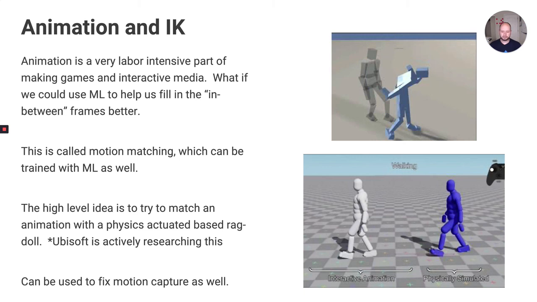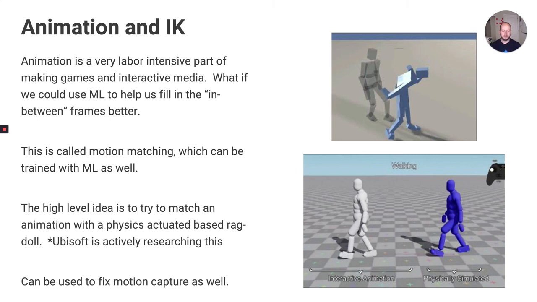And motion matching. Motion matching is a very simple idea when you think about it. It replaces a particular character animation with a physically based ragdoll. You have the animation, which is a traditional animation, and you can have it walk around. The ragdoll is trying to minimize the loss between its position and the position of the animated character at any given time.